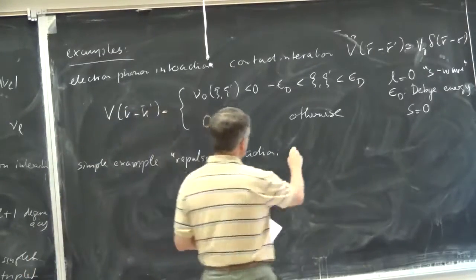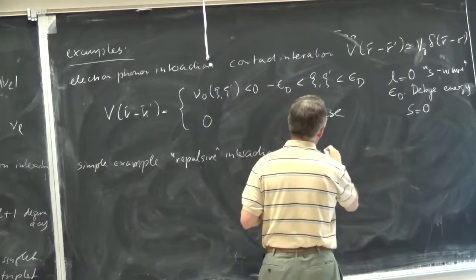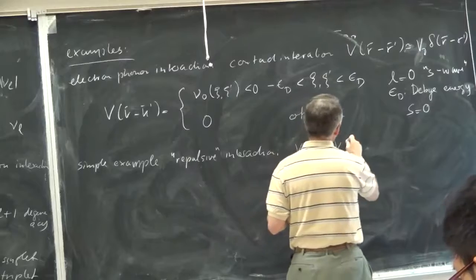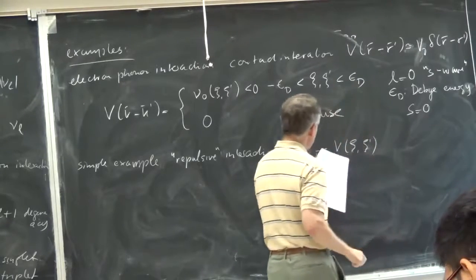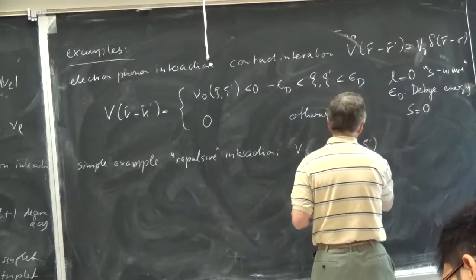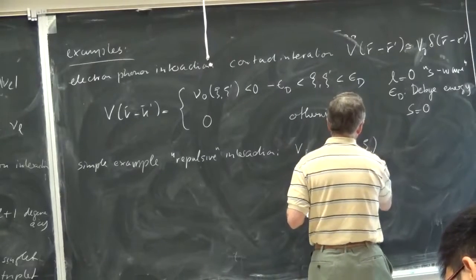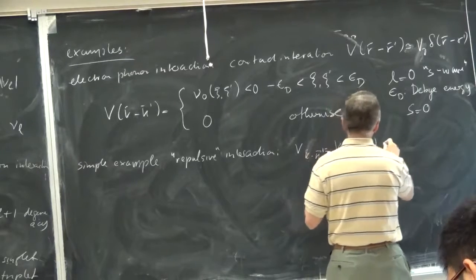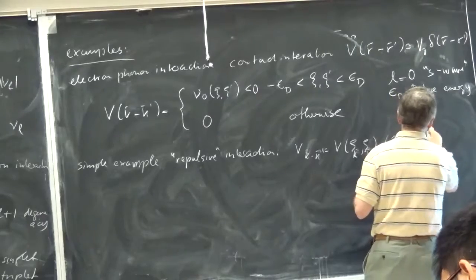I, for example, can just write down V of k, k prime as V of psi, psi prime, those are the corresponding energies, times k hat minus k hat prime squared.